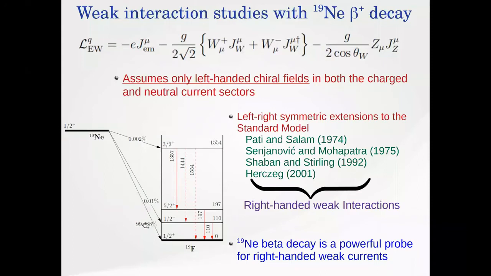This is a 99.988% branch, with a small forbidden branch to the 1/2 minus state at 110 keV, and a small branch to this 3/2 state. So you don't see many gamma rays when you observe the decay of neon-19, because it predominantly goes to the ground state.